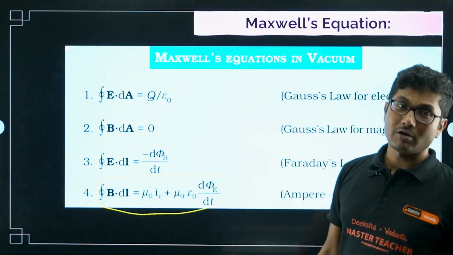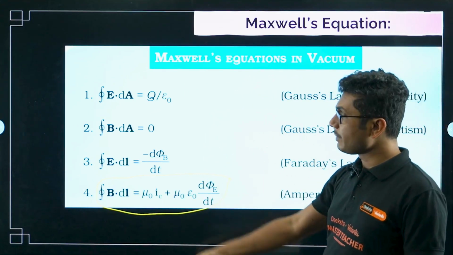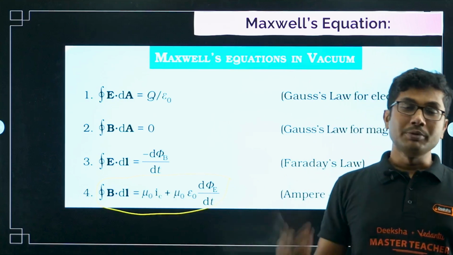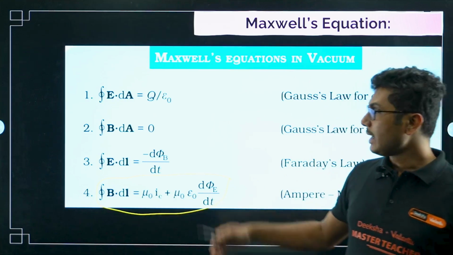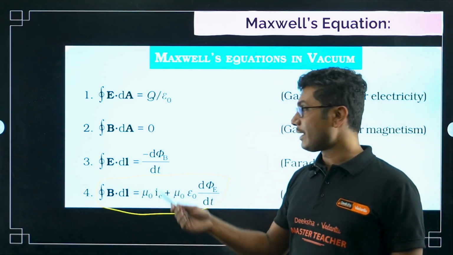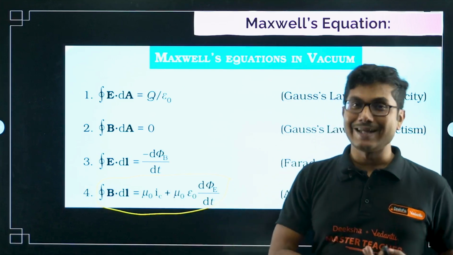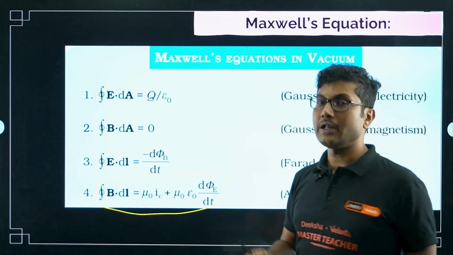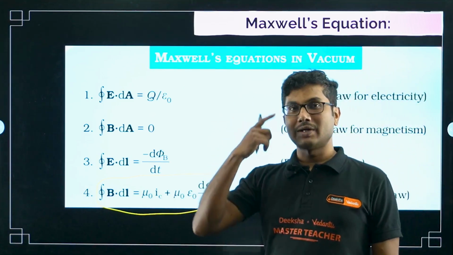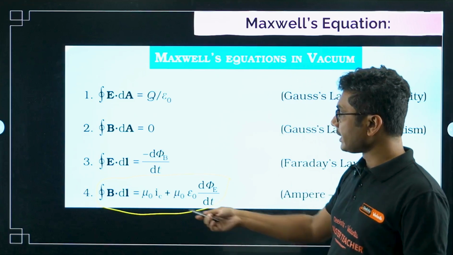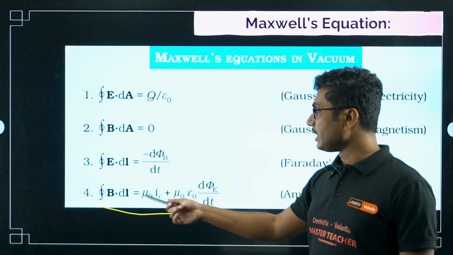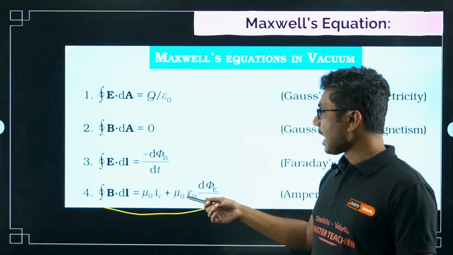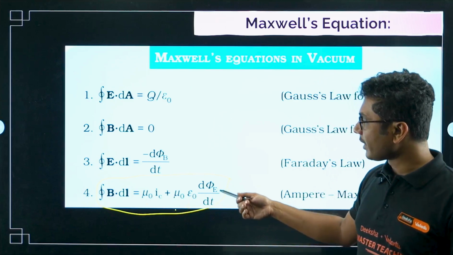In Ampere's law, B dot dl is equal to mu naught into I. But Maxwell said that I consists of two components, IC and ID. So he modified the equation as B dot dl equals mu naught IC plus mu naught epsilon naught d phi E by dt.